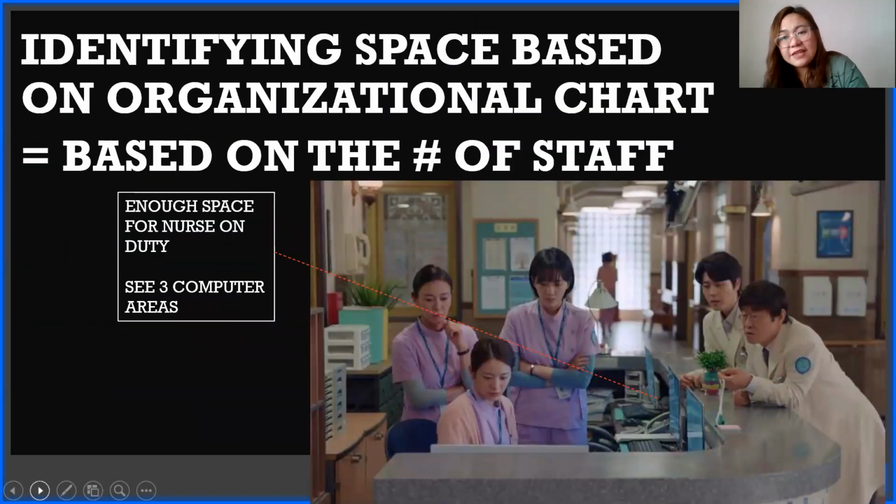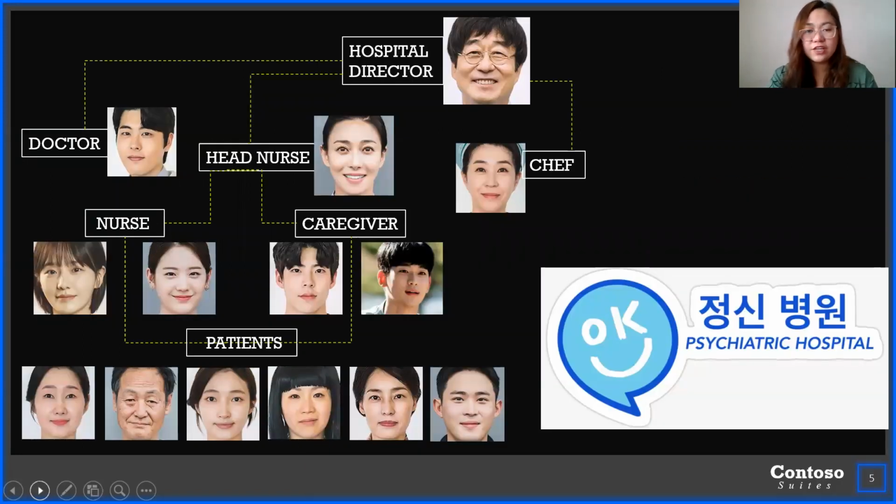So, para saan ba yung organizational chart? So, we can identify now the space based on organizational chart. So, paano natin ma-identify yung spaces? Example, based on the number of staff. So, balik tayo dun sa organizational chart natin kanina. As you can see, from the hospital director, the doctor, the head nurse, and the chef, sila tig-iisa lang sila.